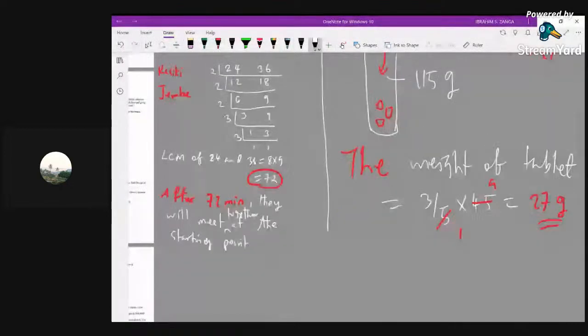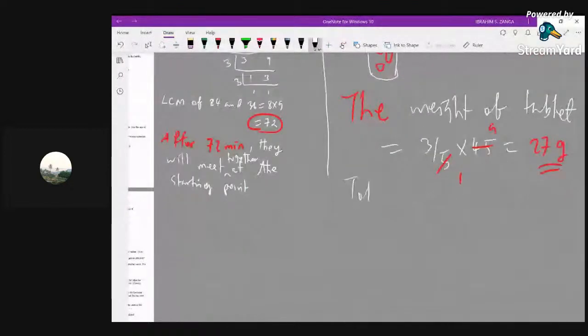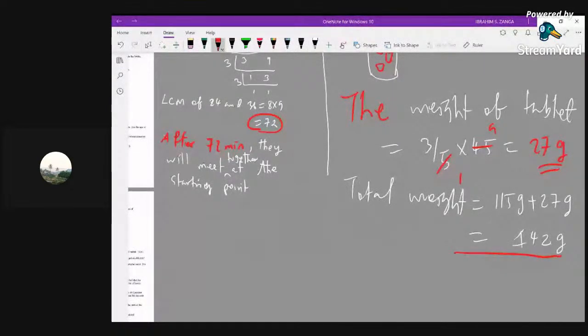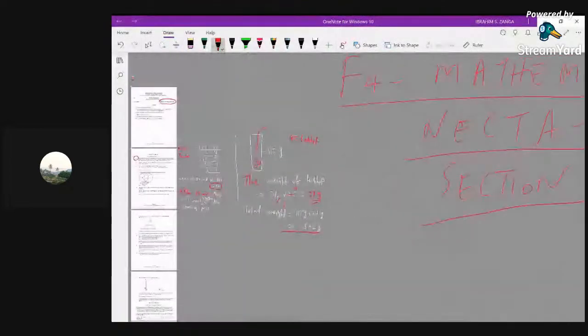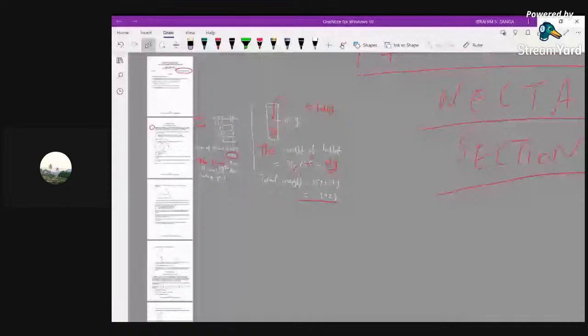Now we are going to say total weight. Obviously, you're going to take 115 grams plus 27 grams, and the result is going to be 142 grams. So the total weight now is 142 grams.